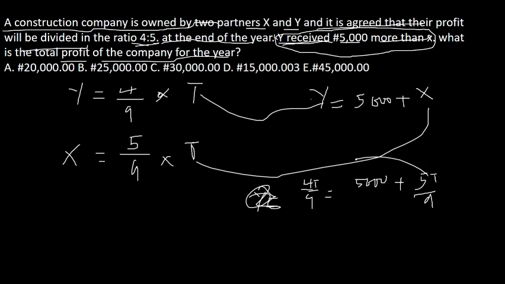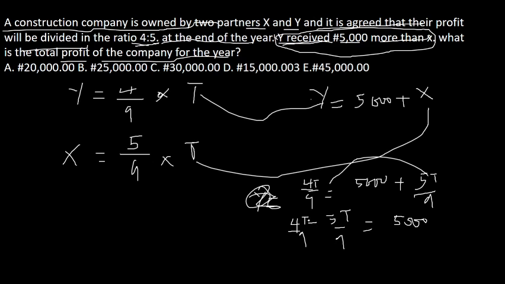So collect the terms that contain T together. Are you getting me? So you are going to get 5T minus 4T. This is over 9, is equal to what? 5,000.